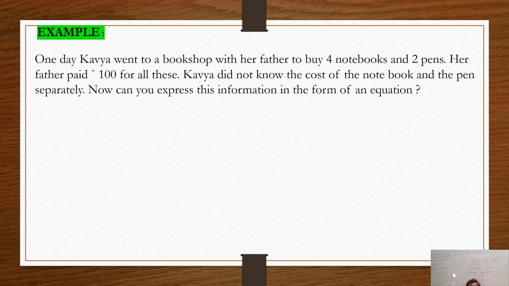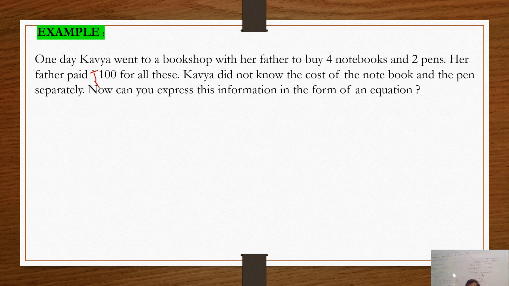Observe here, students, what are the variables? The most important thing is to identify the variables. He paid 100 rupees. What are the unknown quantities?